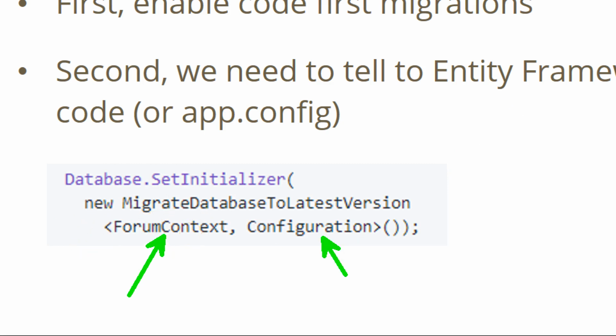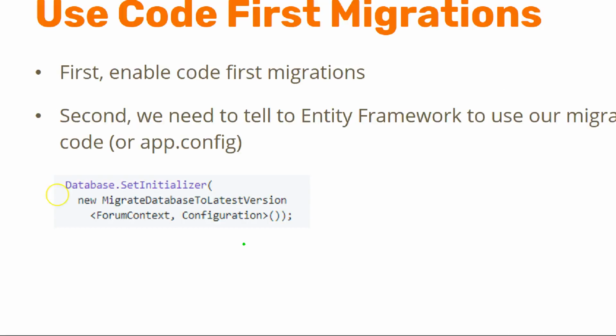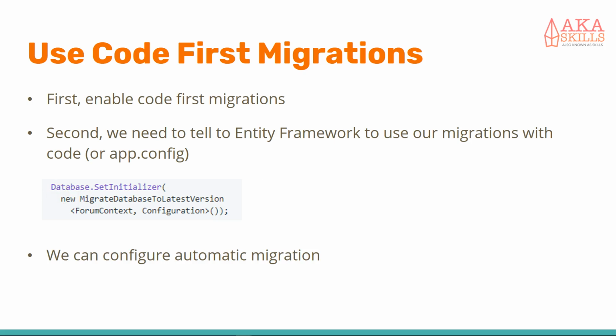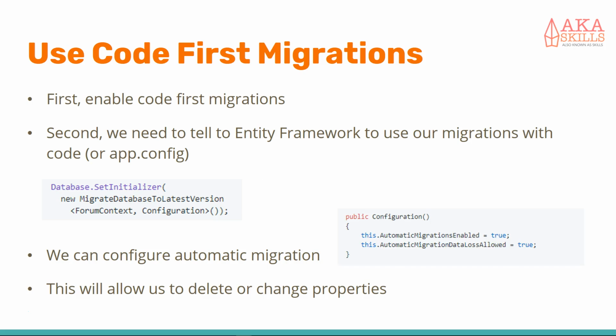This configuration file comes when you enable migrations, and here you're setting the settings for your migration. For example, we can configure automatic migration, and this will allow us to delete or change the properties. So inside this configuration, as I said, you have settings for your migrations. And here is how the constructor looks.